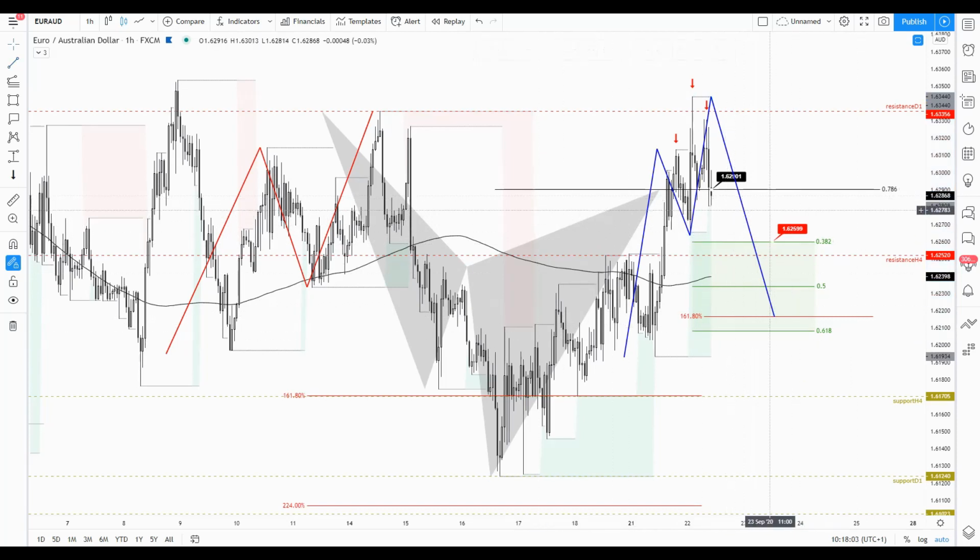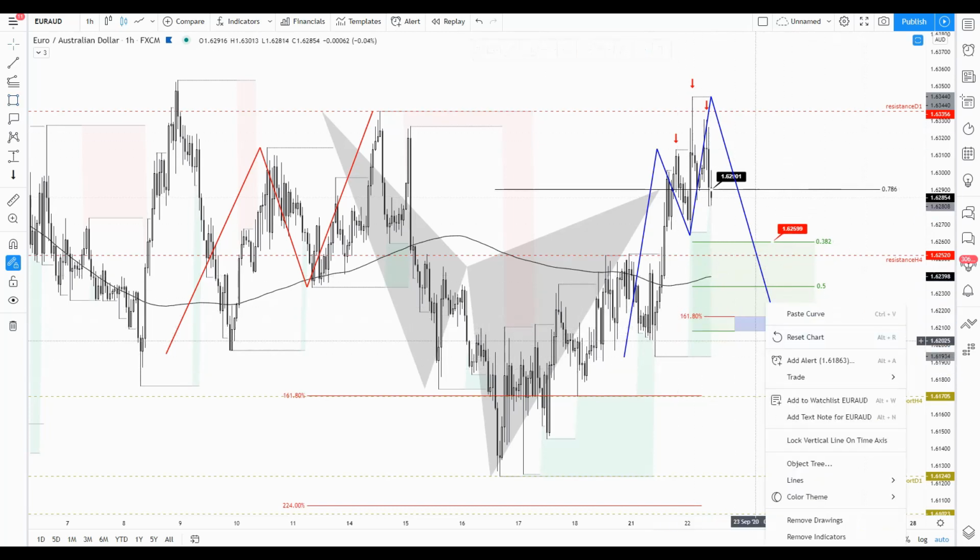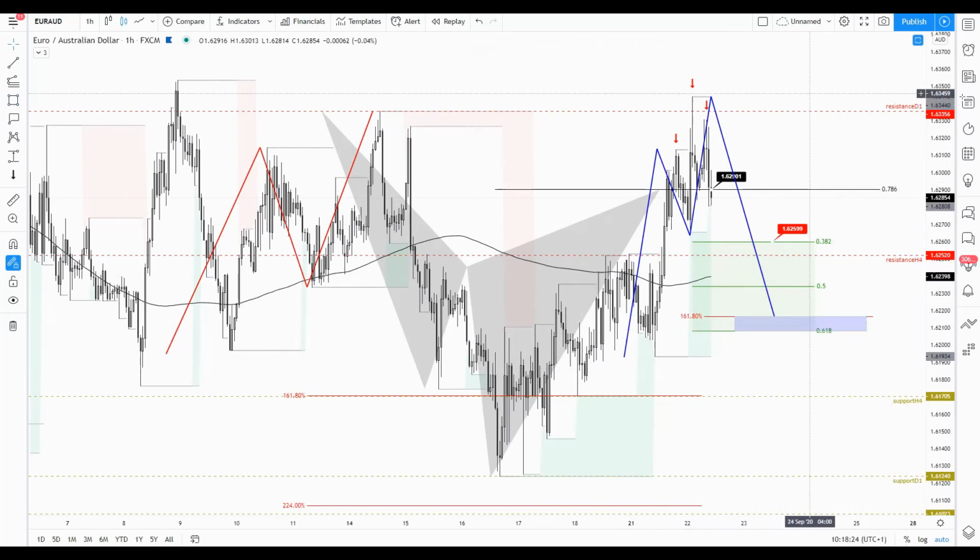And that will complete the bullish shark pattern at the golden Fibonacci extension level. So let's wait and see if that will happen. That will put the price trading a cluster box between the golden Fibs retracement level and extension level. So if that happens, we should pay attention to that price zone.